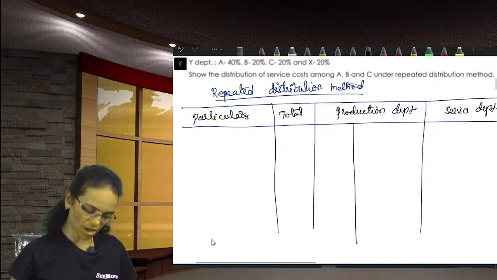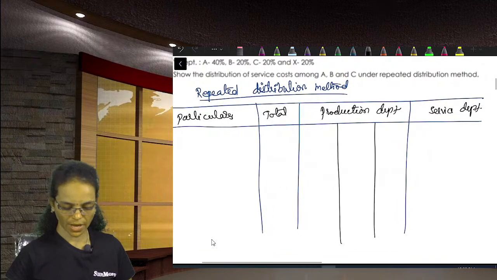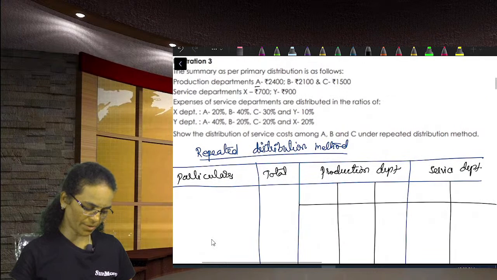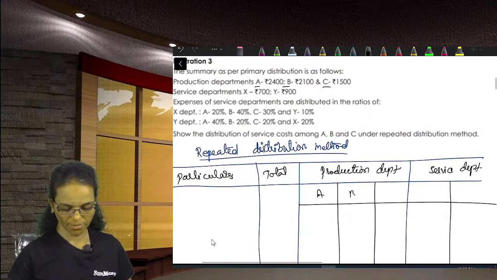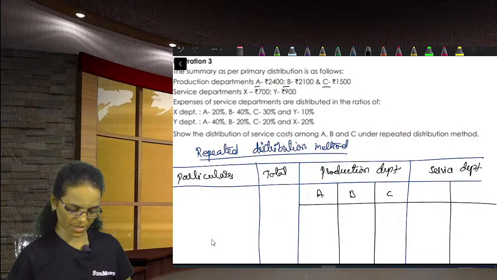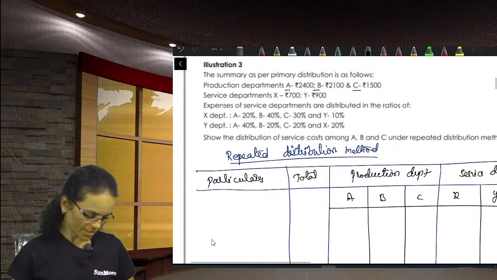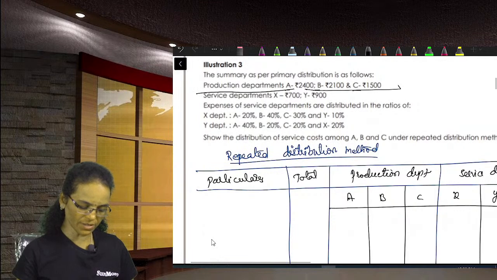Production departments are named A, B, C, service departments X and Y. Production cost is given, this one.